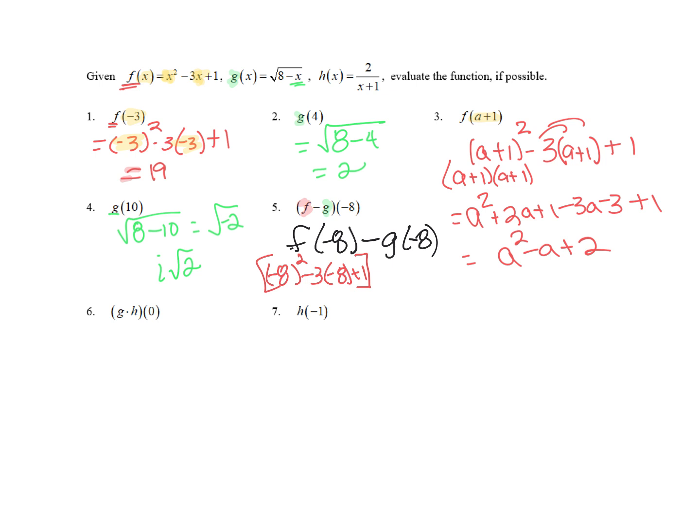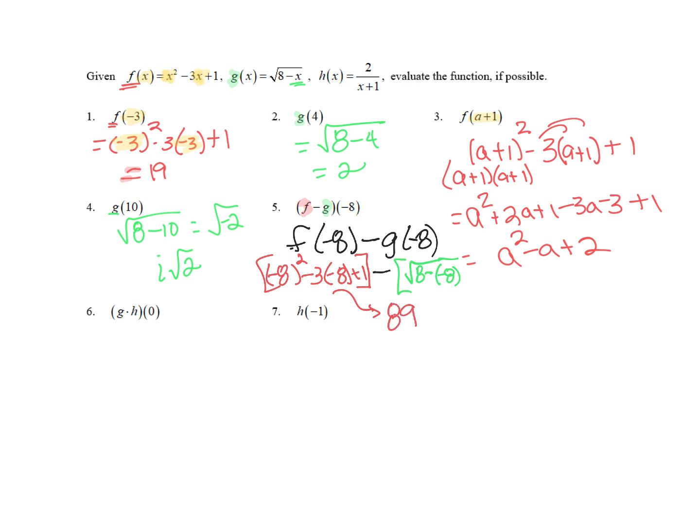Then I'm going to subtract what happens when I plug negative 8 into my g function. So square root of 8 minus negative 8. So what does that equal? Well, f of negative 8 turns out to be 89.